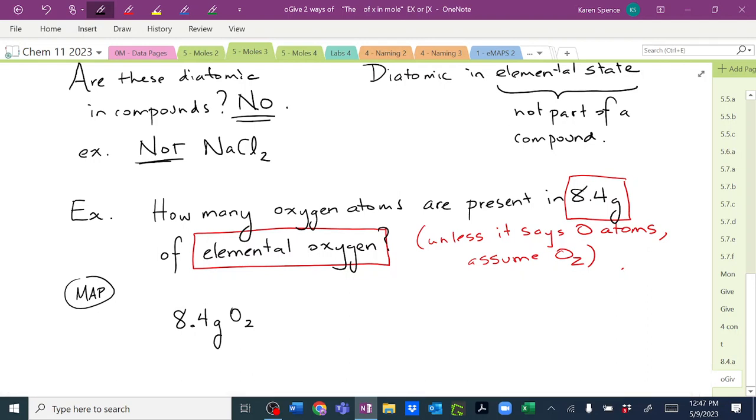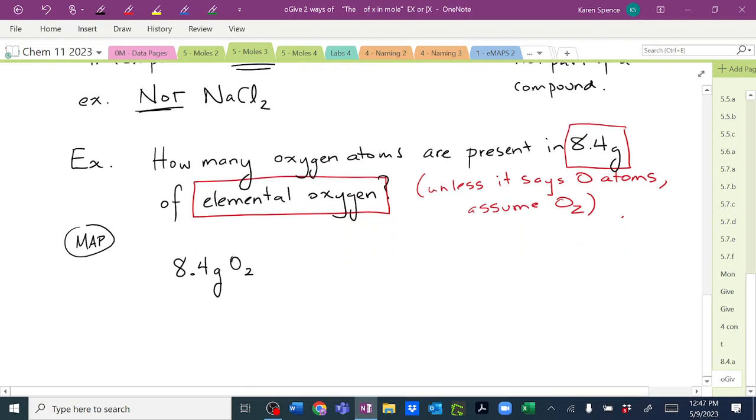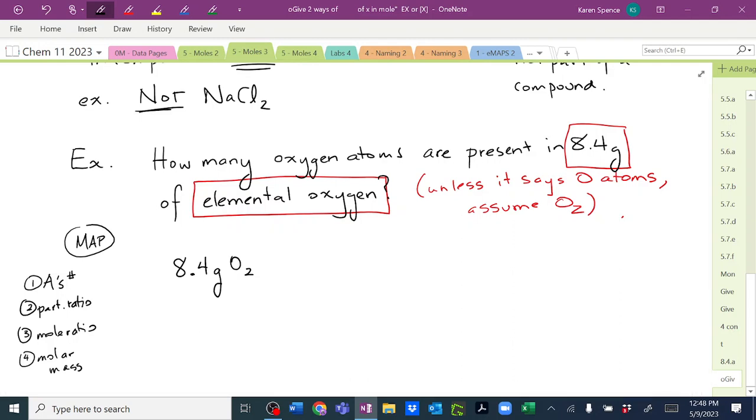And our four conversion factors that we have are Avogadro's number, the particle ratio, the mole ratio, and the molar mass. We're starting with 8.4 grams of O2. What can we convert that into?